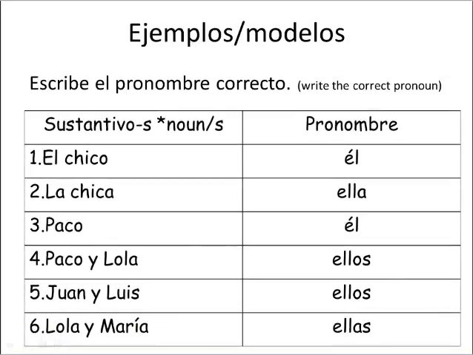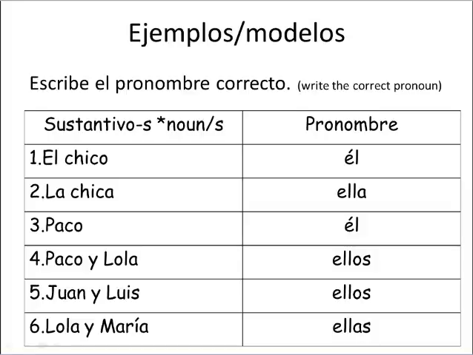So if you look at this table, on the left side we have a series of sustantivos. We've got some nouns, some regular sustantivos, and then some personal nouns indicating people. And on the right, we have the corresponding pronoun. So let's just walk through these.